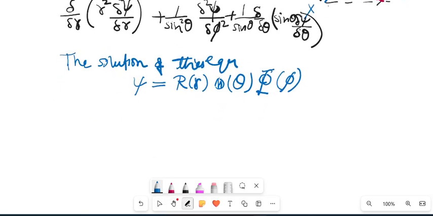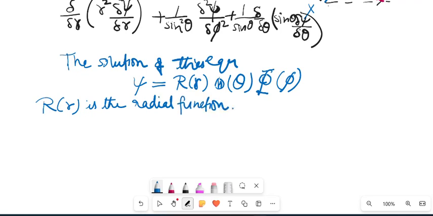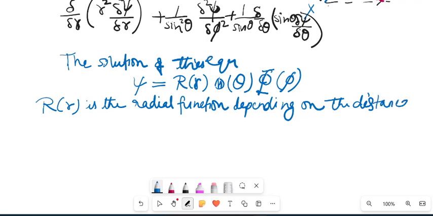R(r) is the radial function, depending on the distance of the electron from the nucleus.